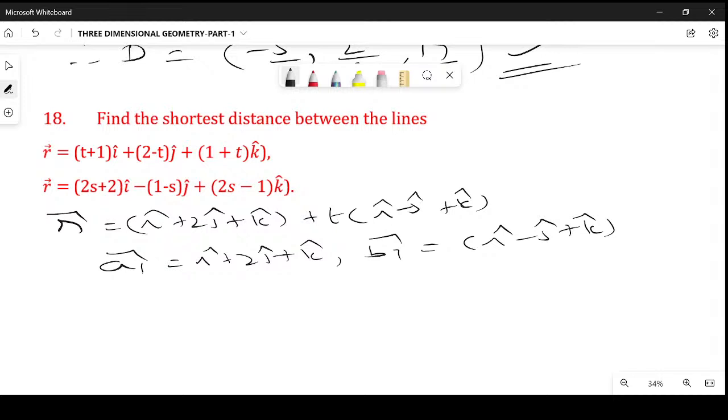Right. So next you take the second equation.